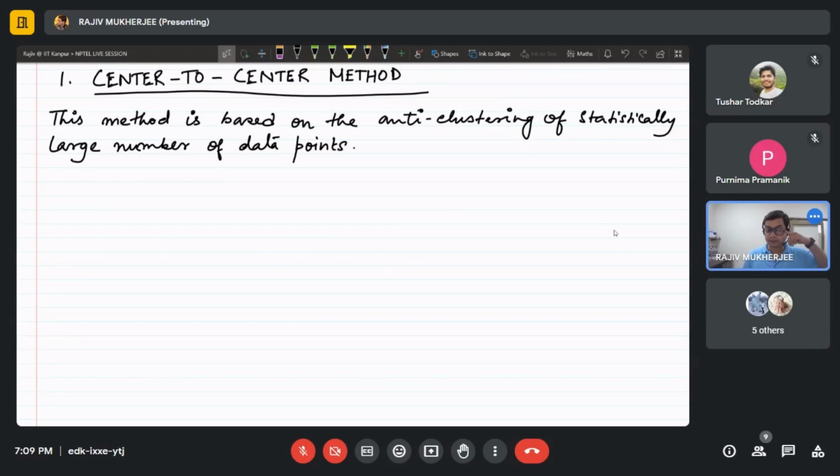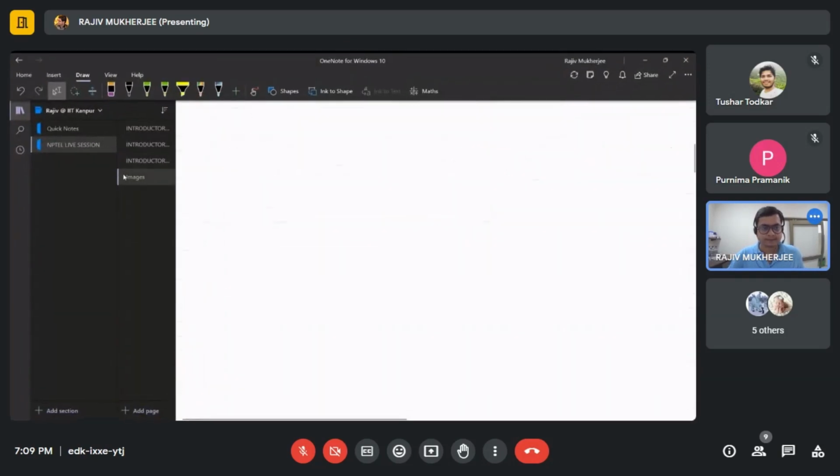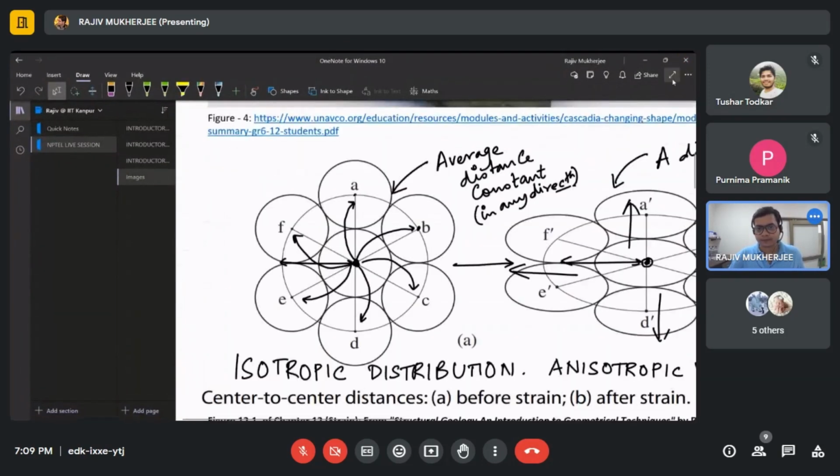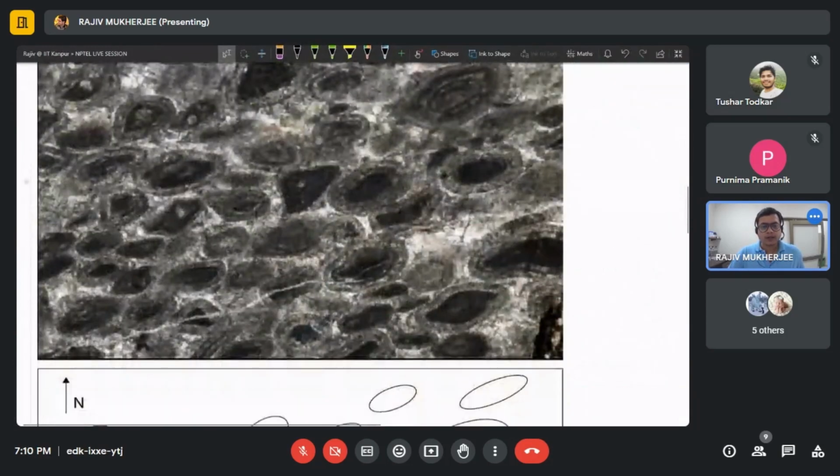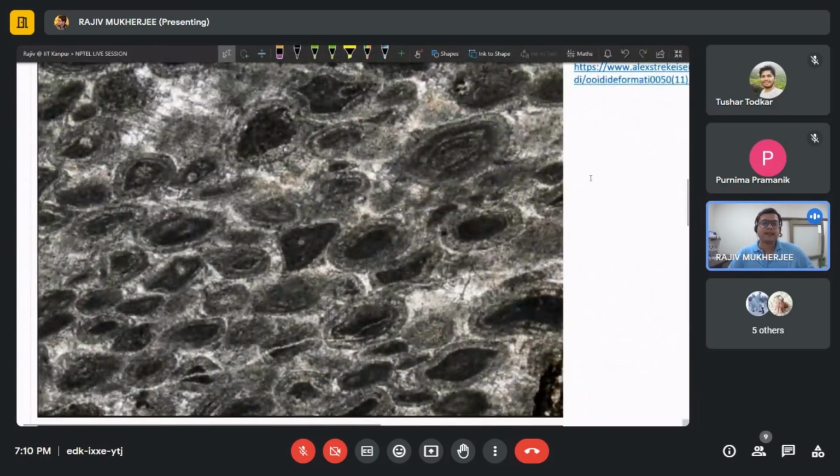Now, how to exercise this thing? Again, let us see some photographs. Okay. So we generally apply this method in some deformed samples.